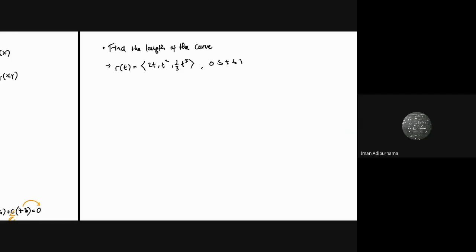So length of the curve, and then find the curvature. This is number one.